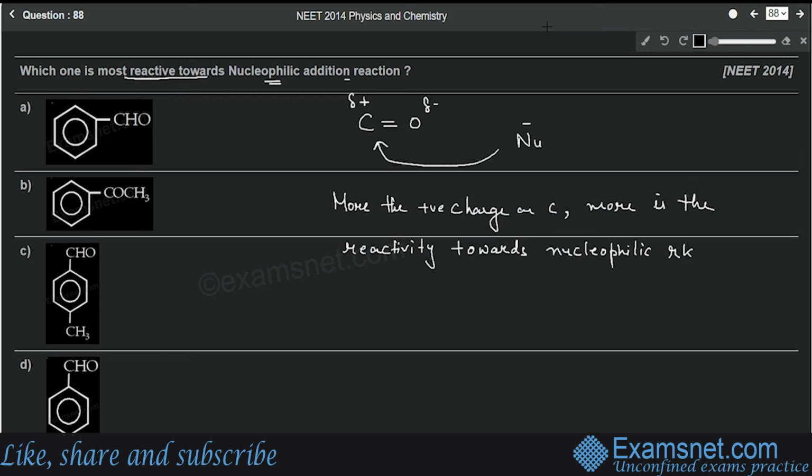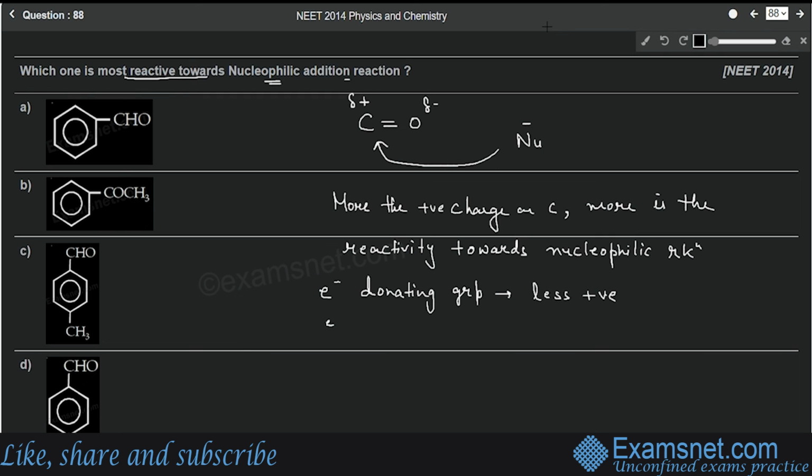And we know that when an electron donating group is present, it will donate electron towards carbon, and therefore it will increase the negative charge. That means it will become less positive.